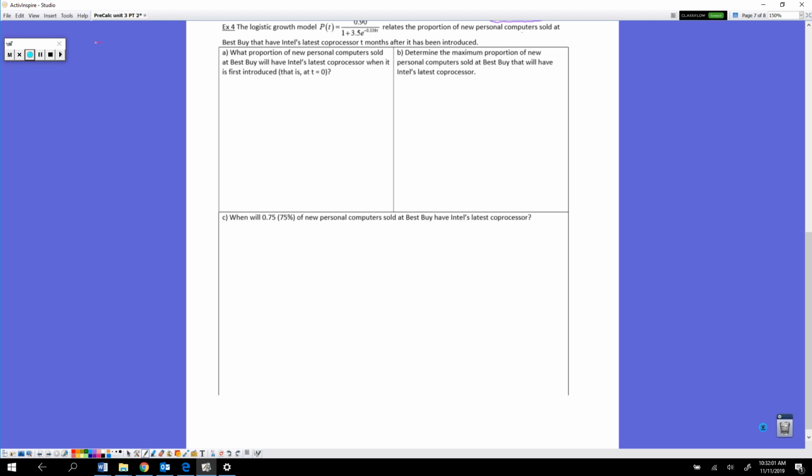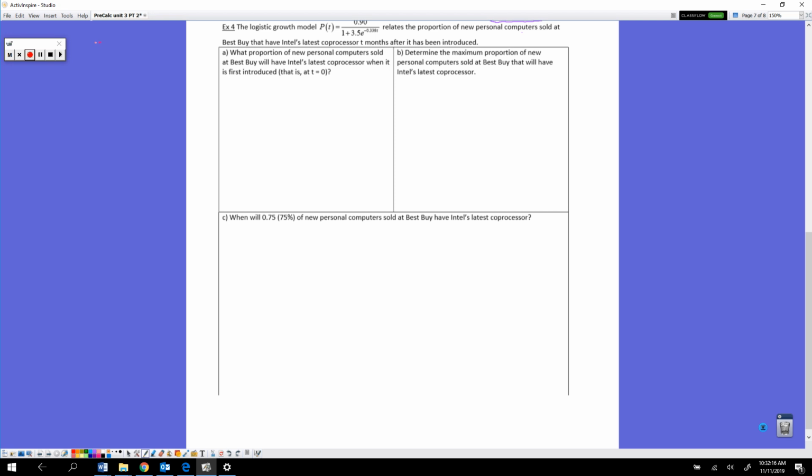It says, what proportion of new personal computers sold at Best Buy will have Intel's latest coprocessor when it's first introduced?